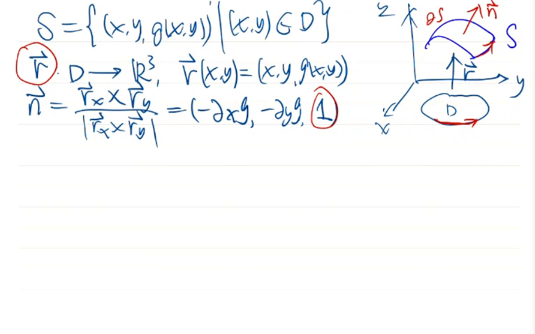That is lifting the orientation of D to S. In other words, if S is oriented upward, then the projection of the corresponding orientation on the boundary of S to the xy plane is the positive orientation of the boundary of D.